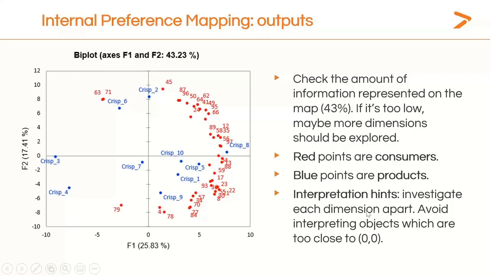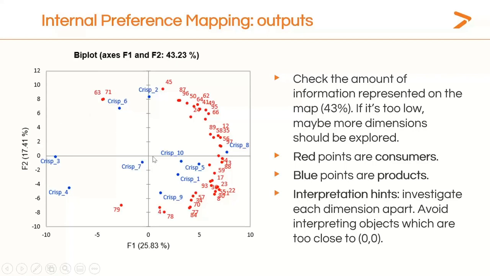Investigate each dimension apart: try to interpret F1, then F2. And very important, avoid interpreting everything which is around the 0,0 coordinates. All of the objects which are close to the origin, avoid interpreting them in the corresponding map. So here we shouldn't interpret anything related to crisp number 7.